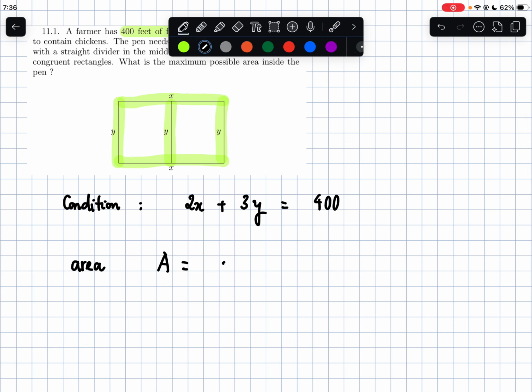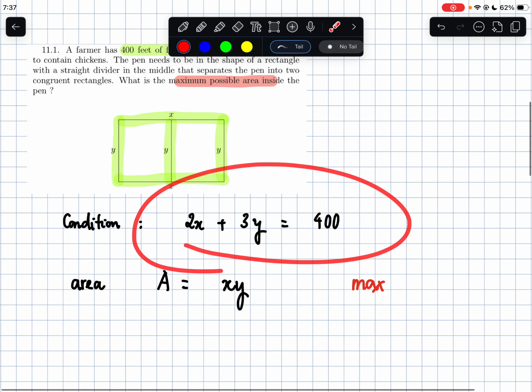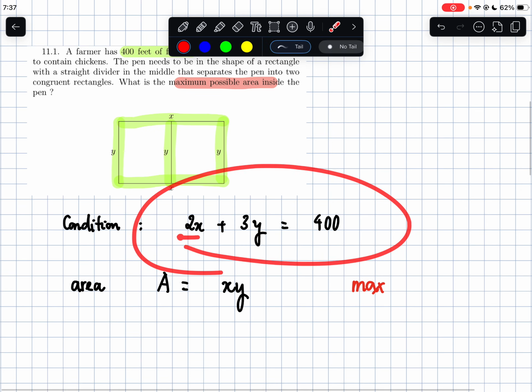So for this type of question, you look at this area x times y, but x and y are related by this formula. You can write down area in terms of x or y. So for this kind of question, I could write down the interval or the domain for x and y.